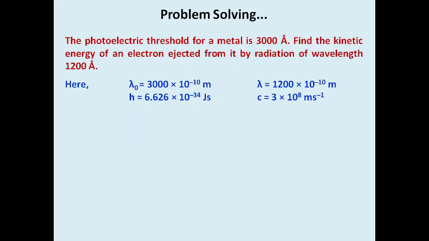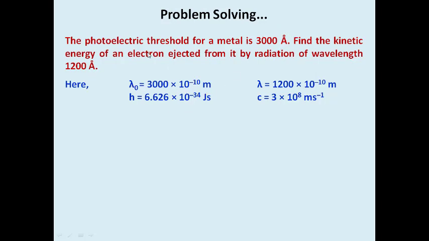Now we go to the second problem, under the same condition. We are going to find the kinetic energy of the electron ejected from the metal plate. The photoelectric threshold for a metal is 3000 angstrom. They gave the wavelength, and asked us to find the kinetic energy of an electron ejected from it by radiation of wavelength 1200 angstrom. Everything is given in angstrom, so it is 10 power minus 10 meter.